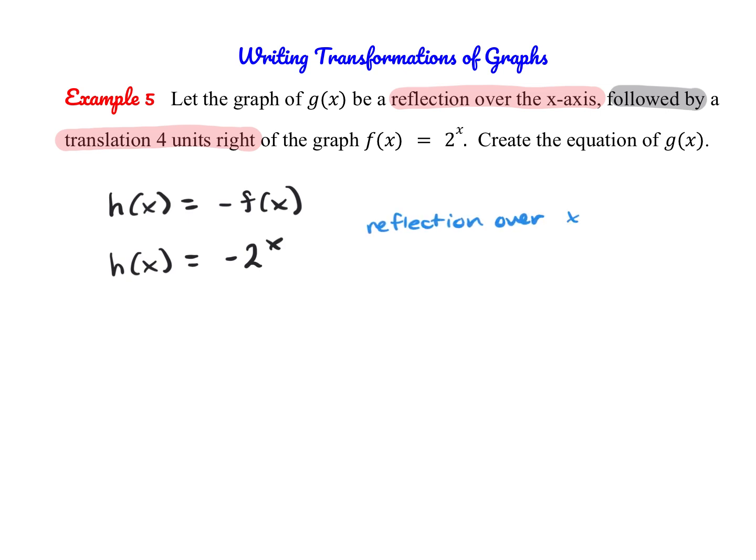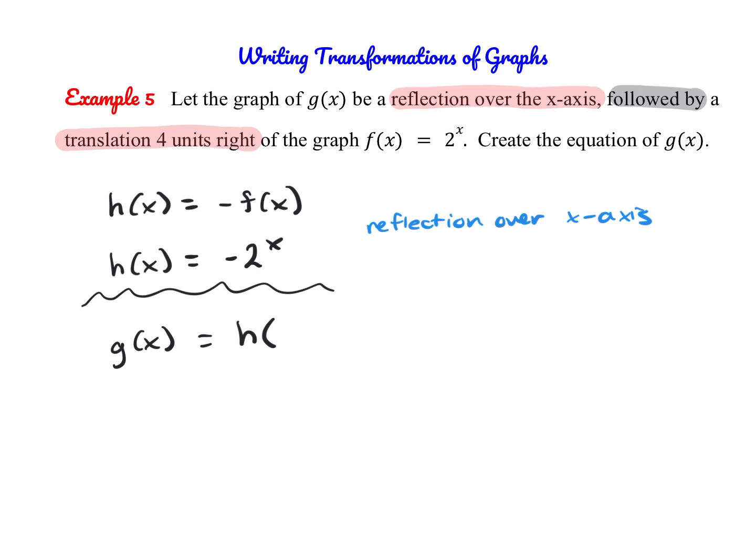over the x-axis. Now, once we've completed that, they want us to take this and then translate it 4 units right. And so this we can call g of x because this will be our final step. So g of x is going to be h of, and since it's a horizontal translation, we are going to be adding or subtracting to x.